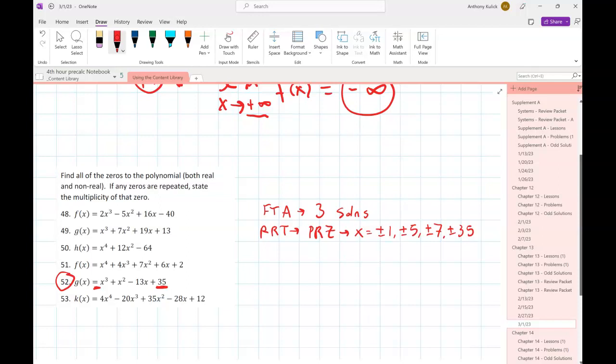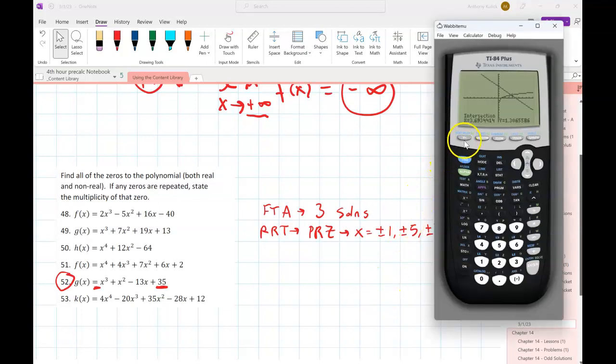Okay, so I have 8 of these then to check. Well, I don't want to have to just guess and check them. I can do something better than that. So I'm just going to go ahead and take a look at the graph for this and see what the x-intercepts appear to be, and see if any of those look promising.